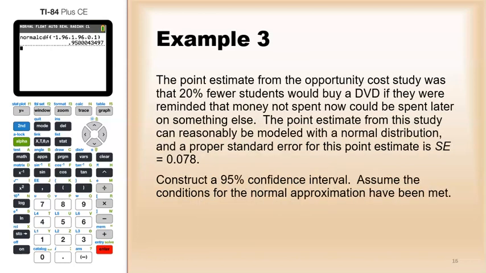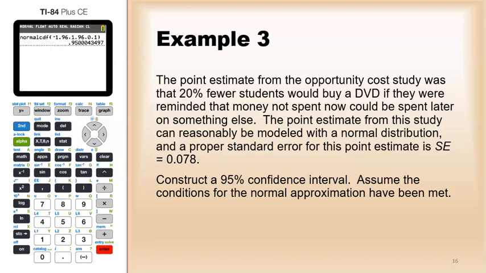All right. The point estimate for the opportunity cost study was that 20% fewer students would buy a DVD if they were reminded that money not spent now could be spent later on something else. The point estimate for this study can reasonably be modeled with a normal distribution, as we saw in the last lesson. And a proper standard error for this point estimate is 0.078.